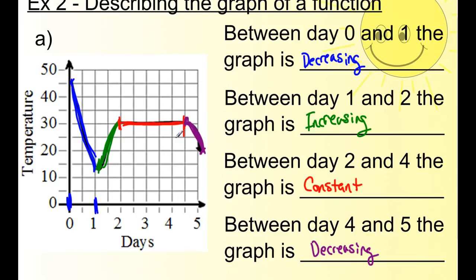And then between days 4 and 5, the temperature is decreasing. And actually, my day 4 is like here. So in that range, it's decreasing. Okay? So now we're looking at each individual section of the graph and being able to describe it instead of just in general what's happening.